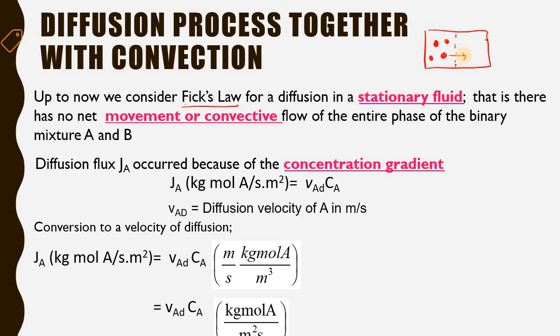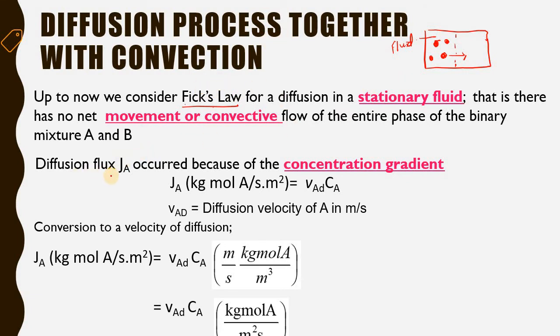Only the dye moves, not the fluid. The fluid remains or stays. This is what we call Fick's law. But in diffusion together with convection, we consider how the equation will be if the fluid is also moving.